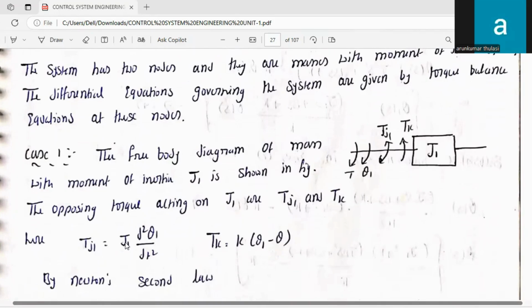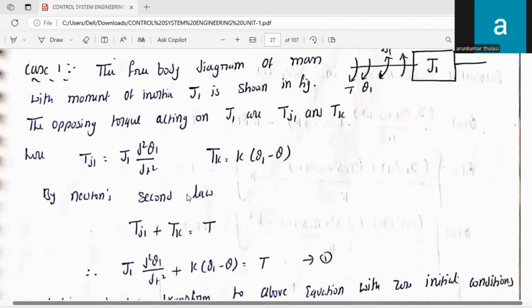Tj1 is equal to J1 into d square theta 1 by dt square, and Tk is equal to K into theta 1 minus theta. These two create the opposing torques on J1. Now by Newton's second law, the sum of applied torques is equal to the sum of opposing torques, so Tj1 plus Tk is equal to T.